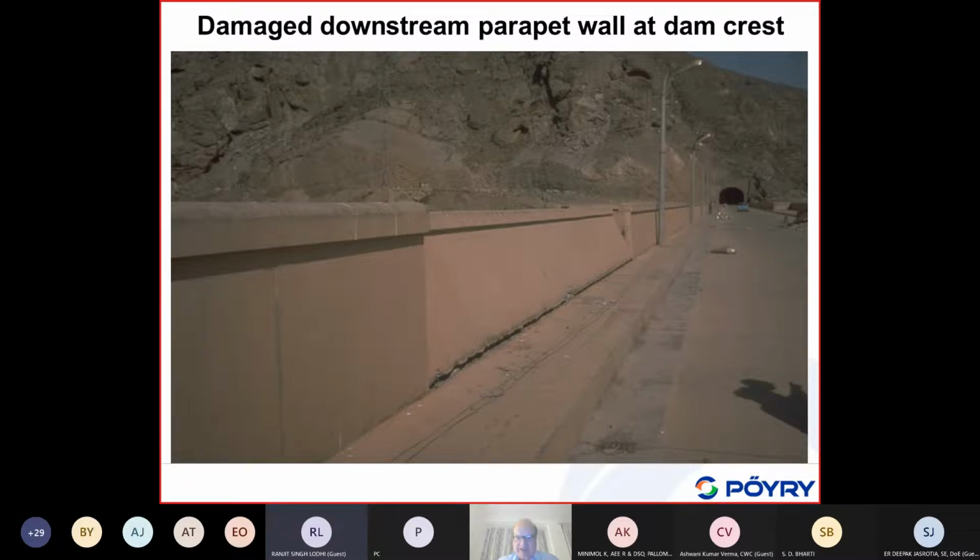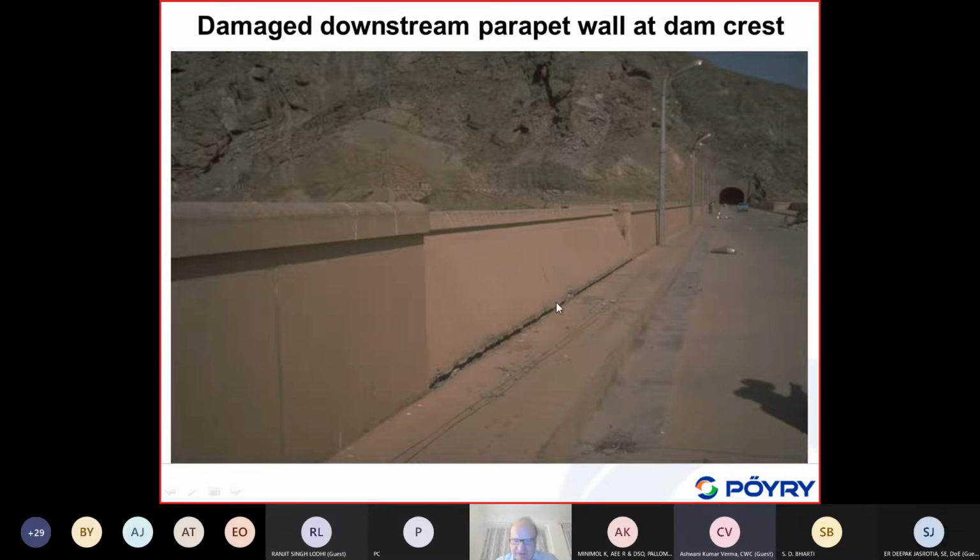It had some reinforcement, but its center of gravity is also quite high. And on the top of the dam, you have also an amplified dynamic response, which is larger than the ground acceleration. So it caused some of these elements here to almost fall down.